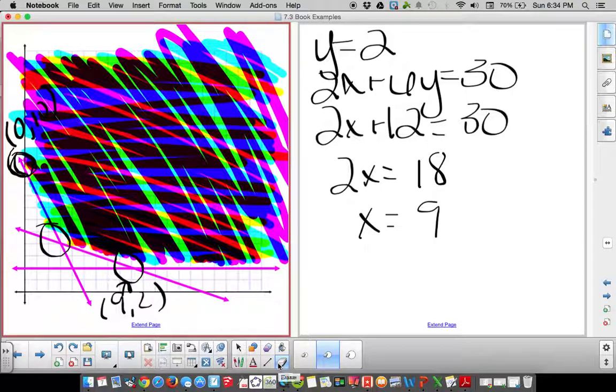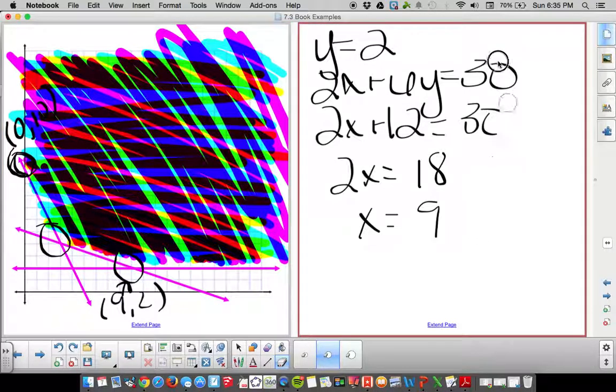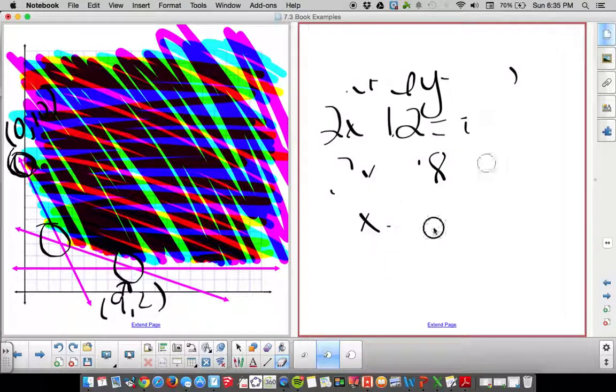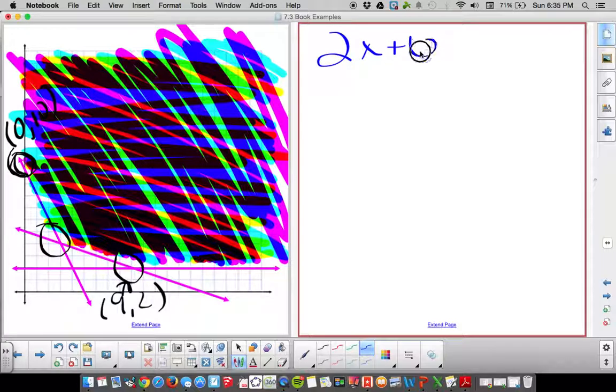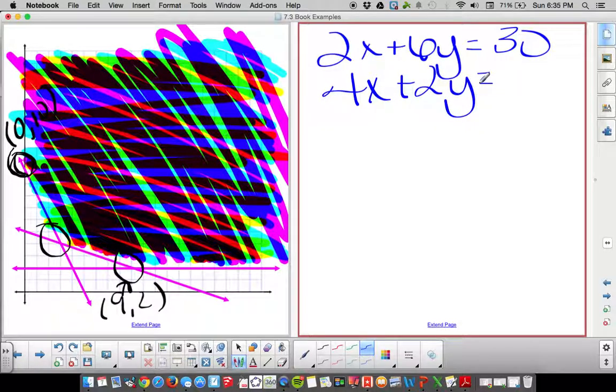To solve for this corner here, I know I need to solve the system of equations that are represented by my two equations of my constraints. So I have 2x plus 6y equals 30, and 4x plus 2y equals 20.